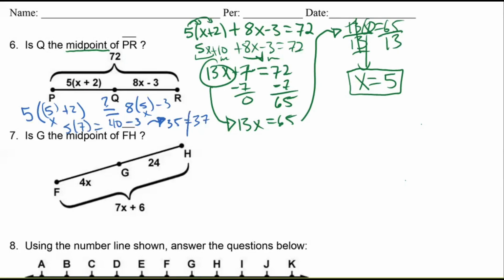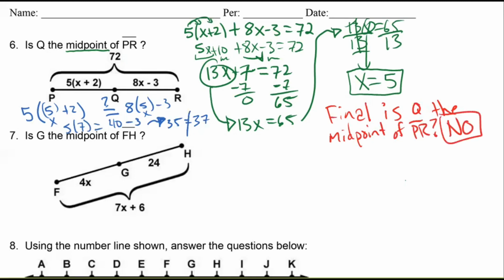No. So my final answer is Q, the midpoint of segment PR, and it is a big no. And that is how you double check it. I know it's a lot of steps, 3 sections of it. That's how you do number 7.